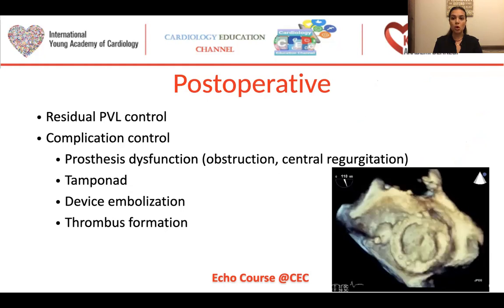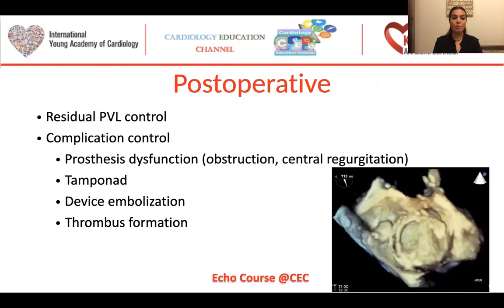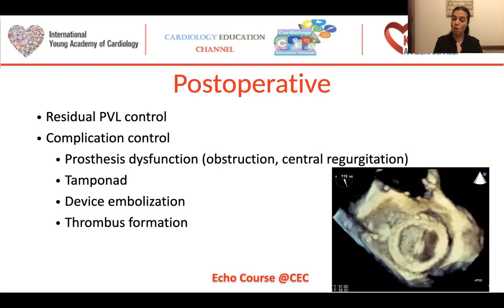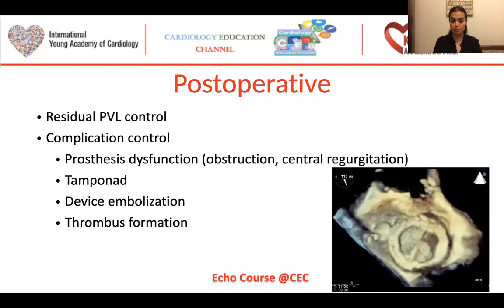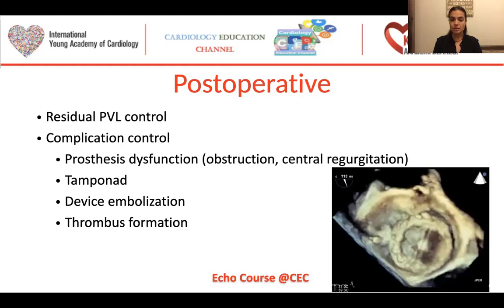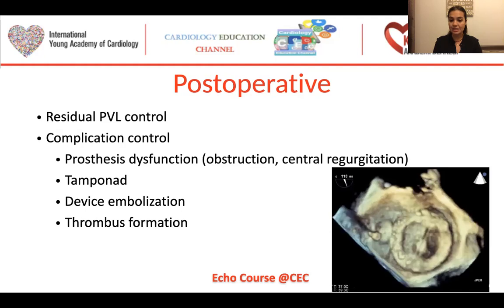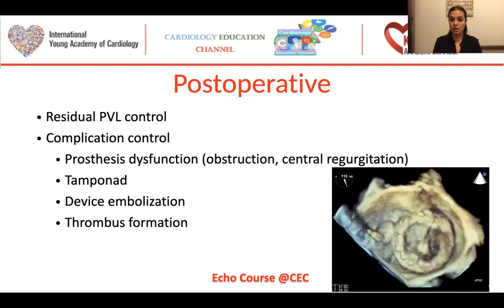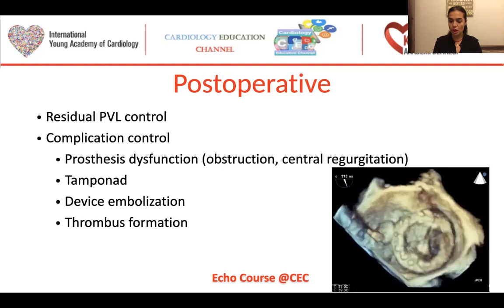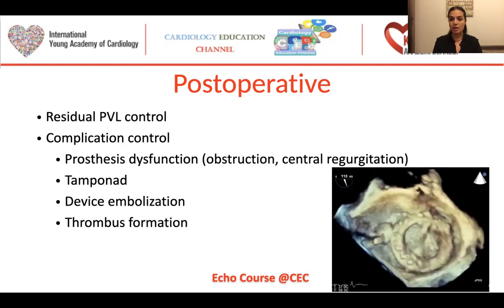What could be the complications? Prosthetic dysfunction due to obstruction or central regurgitation. In the movie, we see that we placed a device near the 9 to 10 o'clock position, and this is a bileaflet mitral prosthetic valve.